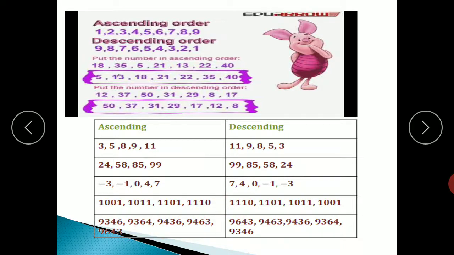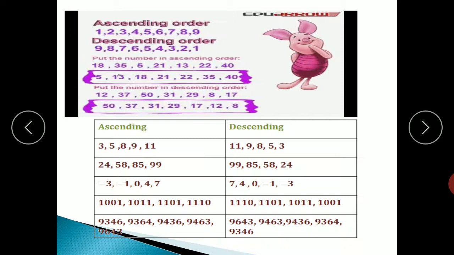Next, let us check which is bigger: 9463. As I said, the bigger number is written first in descending order. Next, let us compare 9436, which will come in third place. The next one in fourth place is 9364, then 9346.